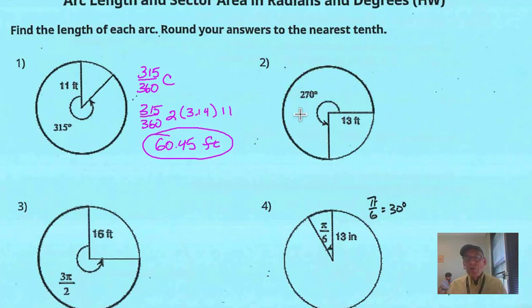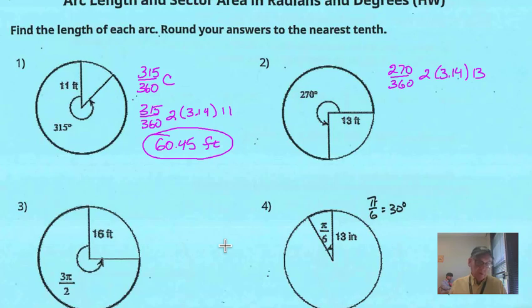Here we have a 270 degree angle, and the radius is 13. So 270 over 360 of 2 times pi times r is going to be our length of arc.